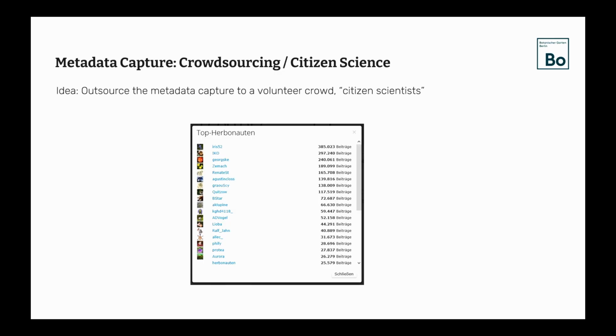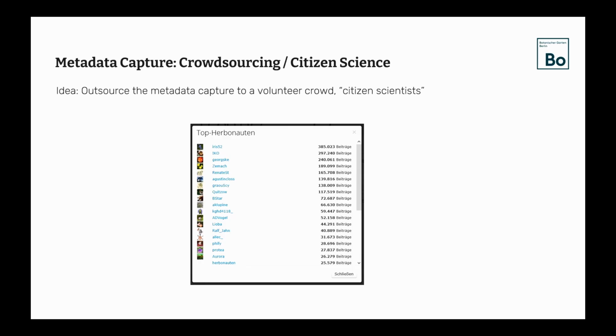And the trick is, as always, to include elements of gamification. One of the projects that was very successful in Berlin and in Paris is the Herbonauten, which included elements of gamification and of competition in this game. They tried to combine specimens in missions and put them on the website, and people could register and try to transcribe those labels.